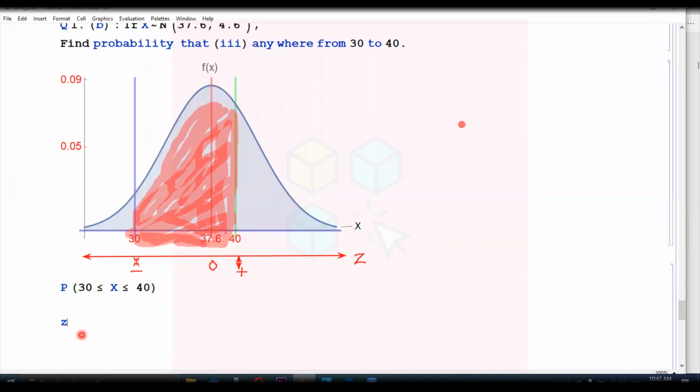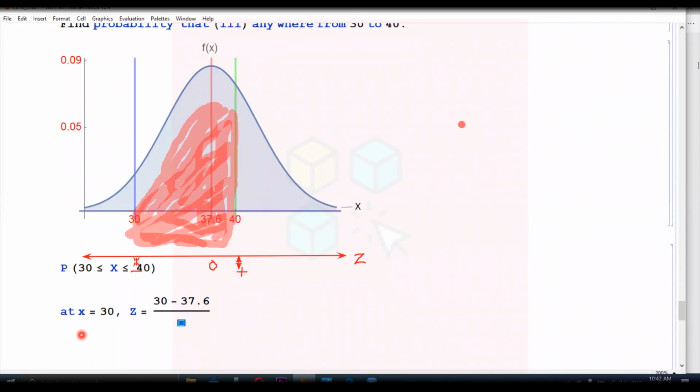Z at x equal to 30 would be 30 minus the mean, 37.6, divided by 4.6. The standard deviation is 4.6.